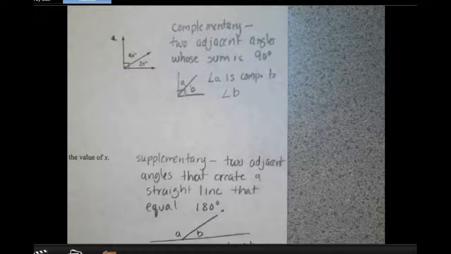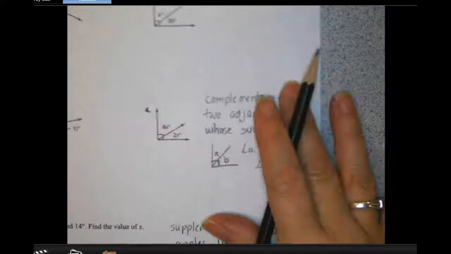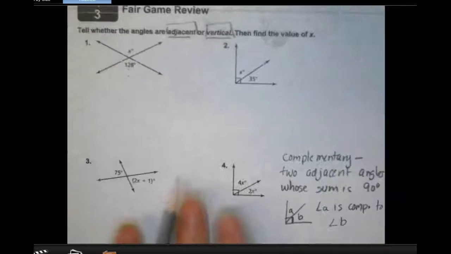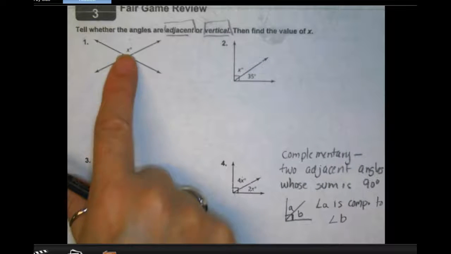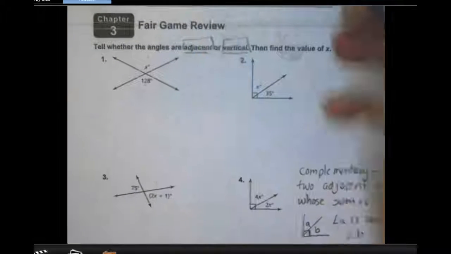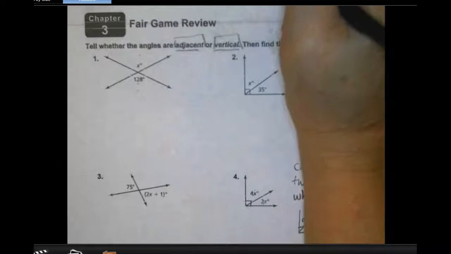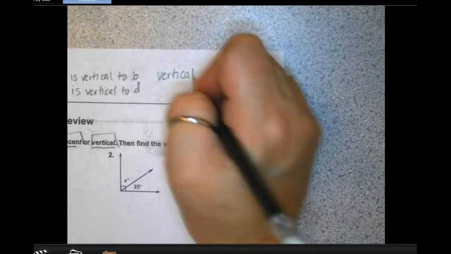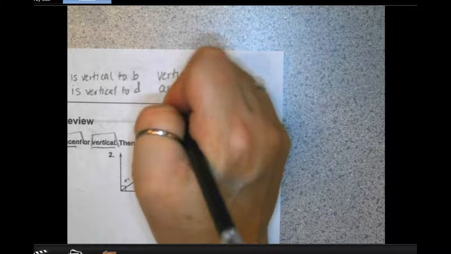Let me know when you're ready, Sharon. All right, one more definition I need you guys to write, and this is super important. If you remember, we called these vertical angles. So vertical angles are congruent.